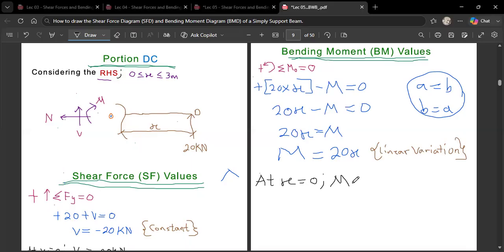So moment at D is equal to 20 into bracket, you put a 0 over there. So 20 times 0 is 0. So at the end of the day, we are going to get 0 kilonewton meters.